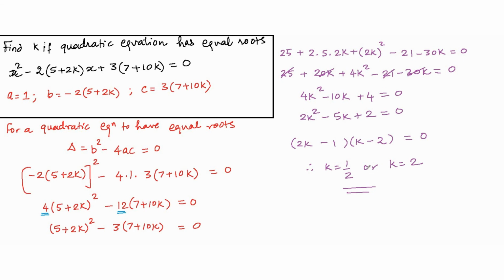It does not depend on k, and that's why both these values are valid. So k equals half or k equals 2 are the valid values of k for which this particular equation will have real and equal roots. So again pausing for a minute before I move on.